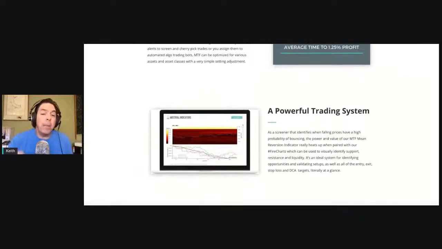And finally, we're going to talk about using MTF as a trading system alongside our fire charts, which has really proven itself to be a great way to identify opportunities, mitigate risk, and maximize the profits you can squeeze out of these trades. So we'll get into all of that in due time as we go through the tutorial.